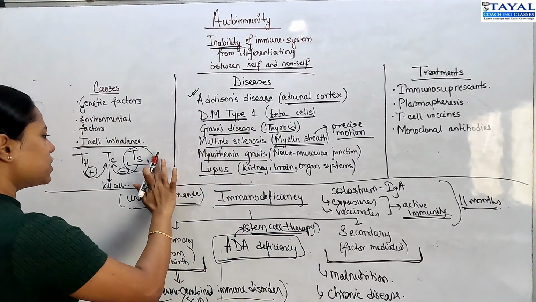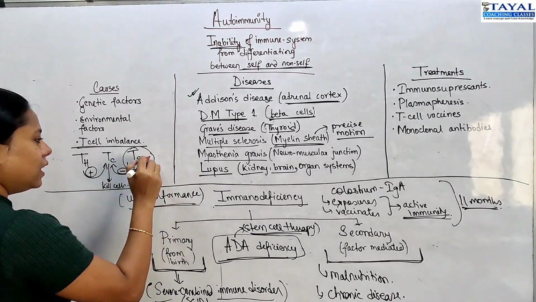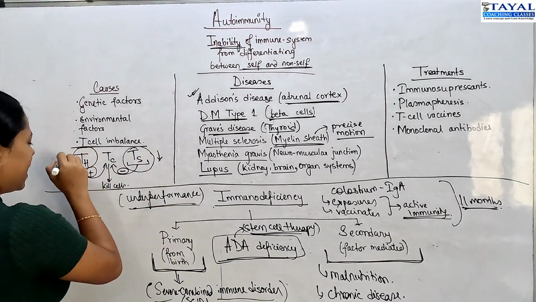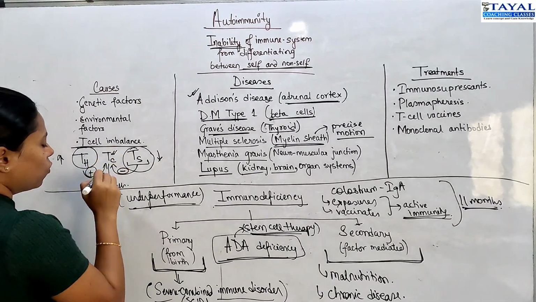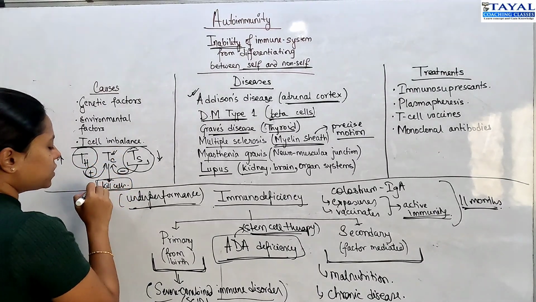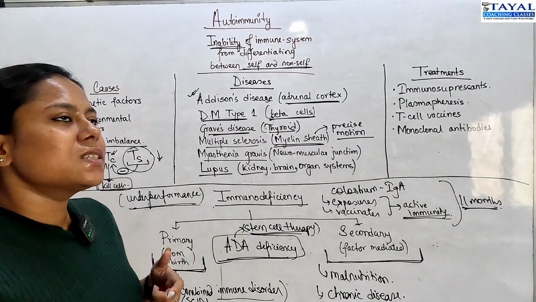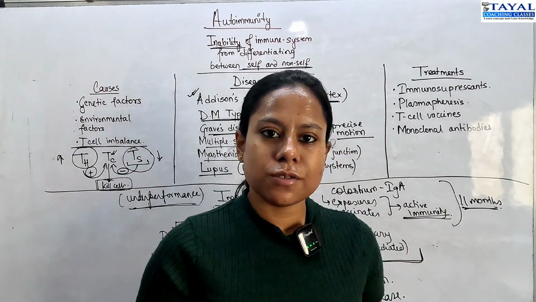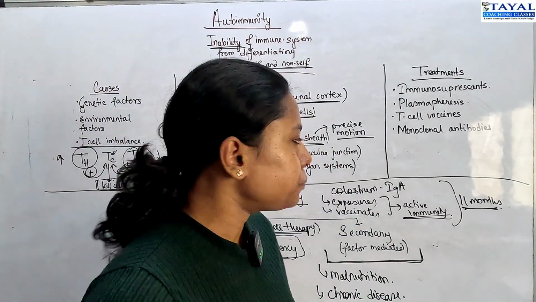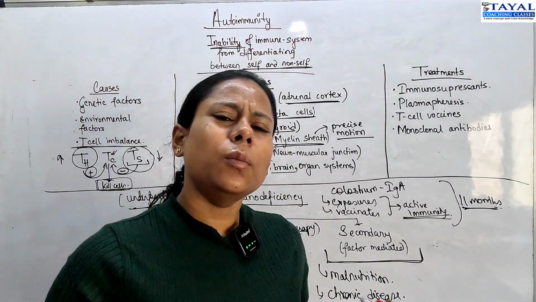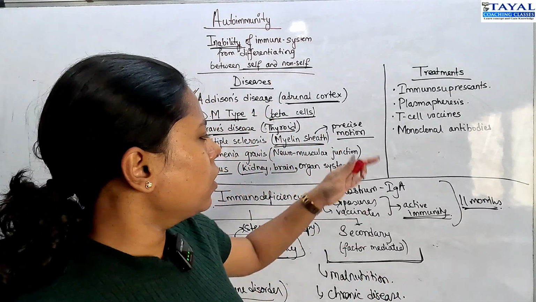But if for some reason there are fewer suppressors and more helpers, then the T cytotoxic cells become overactive and start killing random cells. T cell imbalance has been found in recent research to be a very big contributing factor in autoimmunity. So there are multiple treatments that we can go for.